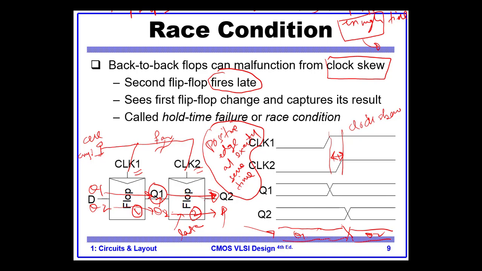Because it should have waited for flip-flop 2 to pick Q1 and throw it at the output. But because flip-flop 2 was late to pick up Q1, flip-flop 1 has changed its output from Q1 to Q2, and flip-flop 2 mistakenly samples Q2 and puts it on the output. So because of the hold time violation, Q1 has been missed.